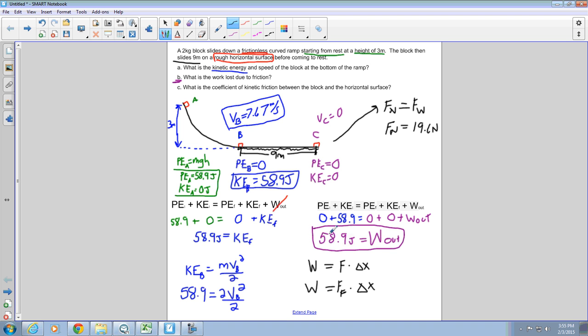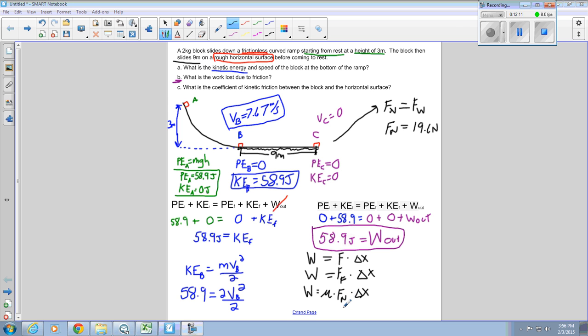We can plug in this for work. Force of friction we need force normal for in order to solve for the coefficient of friction. Work out, plug in here, force normal, we're going to plug in here, and our distance displacement we'll plug in here.